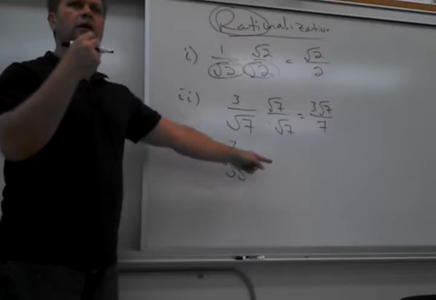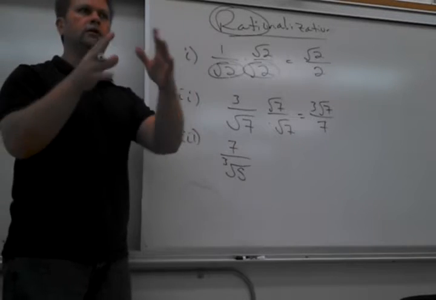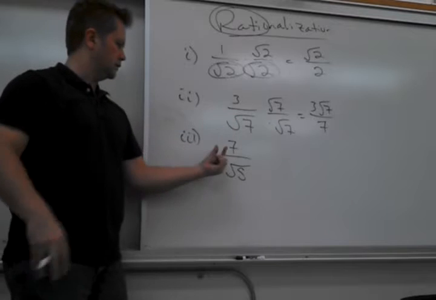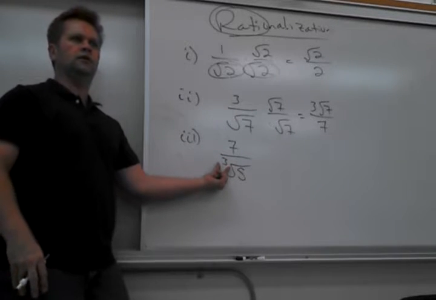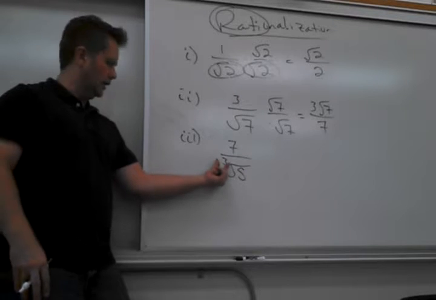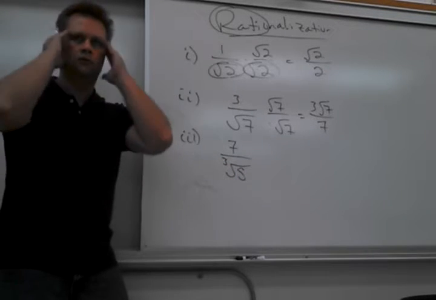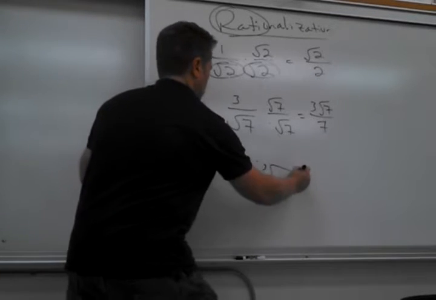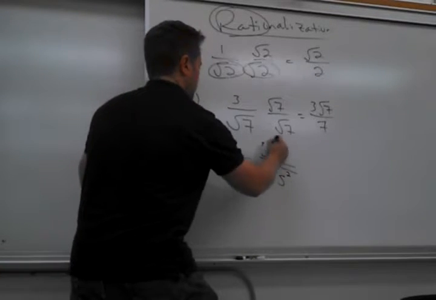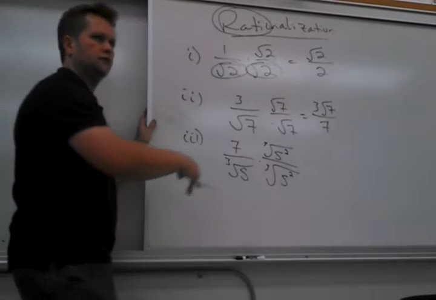I've only got 1 5, so I'm going to give it 2 more. That's why I call it completing the root. You give it as much as it needs to complete what this is asking for. Then these are really easy, if you look at it like that. It needs 3, it's got 1, I'm going to give it 2. You can't make that any better. So you multiply by a cube root of 2 more 5s, right? 5 squared.